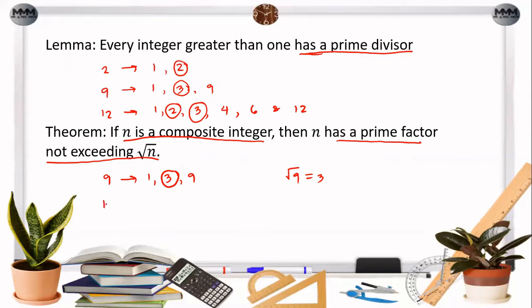Now let's have another example. We have 12. We know that the factors of 12 are 1, 2, 3, 4, 6, and 12. Now, for the square root of 12, you can use your calculator or, by the way, I have a video about finding a square root of any number without using a calculator.